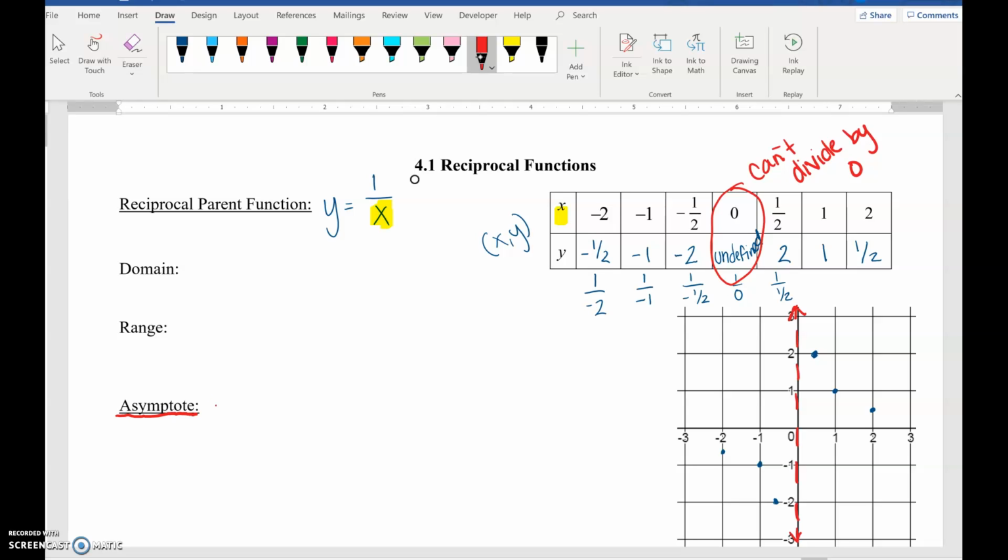An asymptote is a line that the graph approaches but never touches.